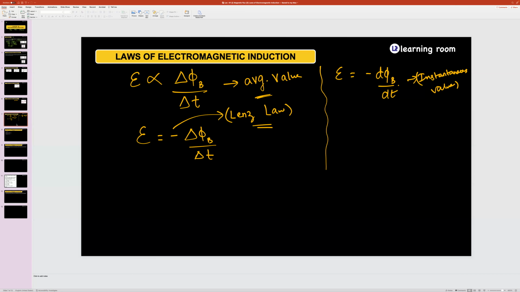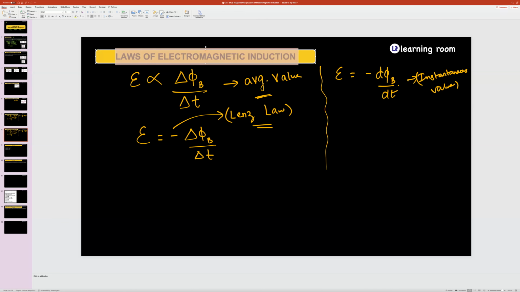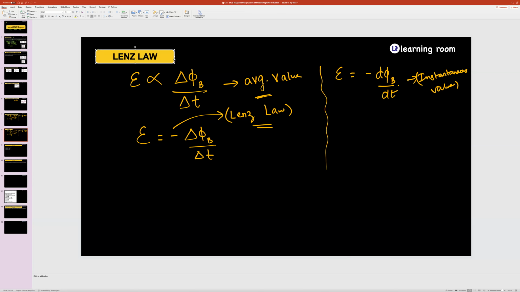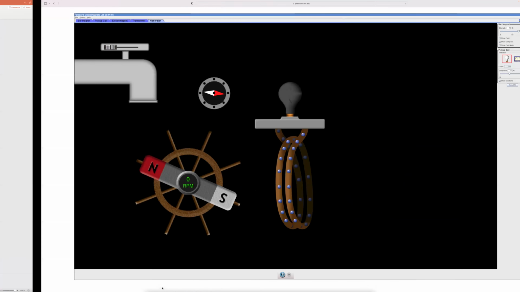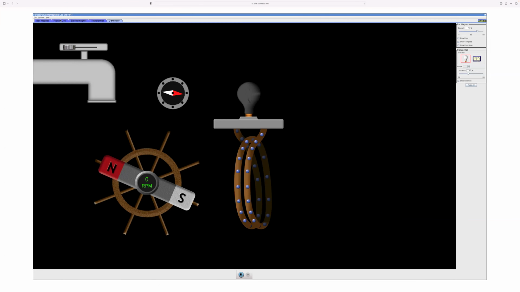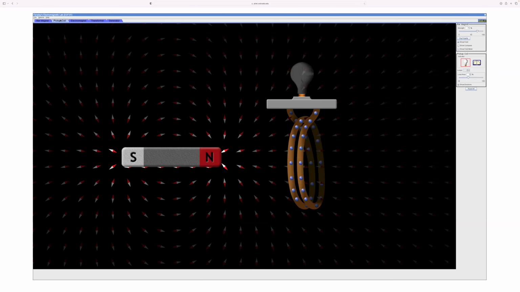Right. So the next topic is going to be about Lenz's law, for which we need to go to this table again.